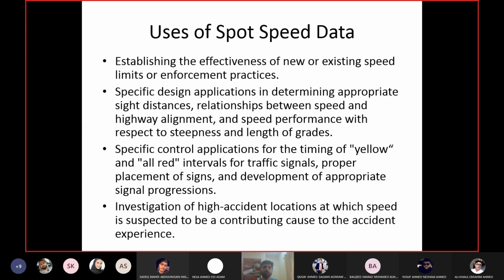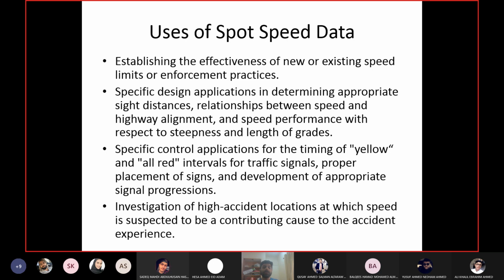Now we do the spot speed studies to find out the choice of drivers about their speed. Why do we need it? We need it for these applications. First, for establishing the effectiveness of new or existing speed limits or enforcement practices. At what speed the driver wants to go, the speed limit should be according to that.